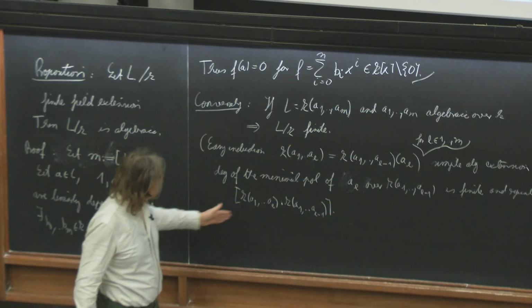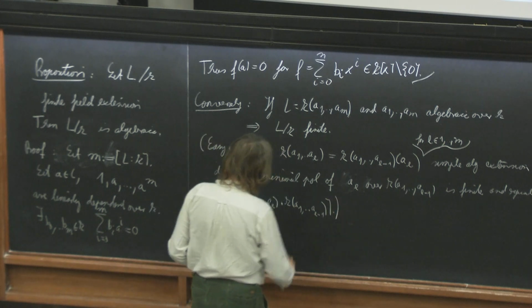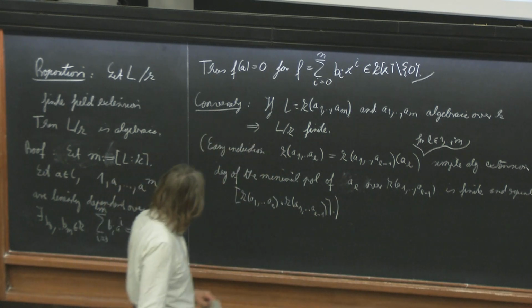By the degree theorem, the total degree of the extension is the product of these numbers, and all of them are finite.